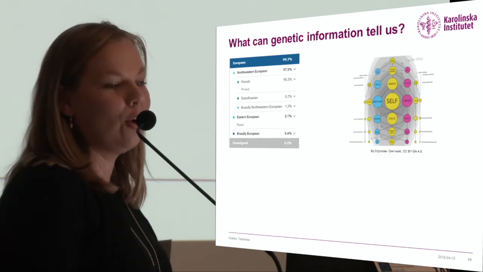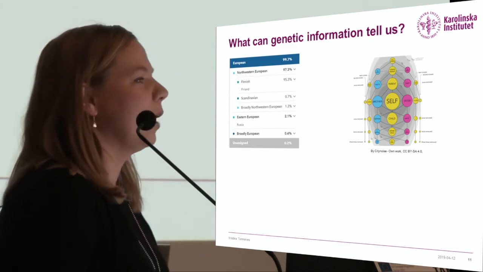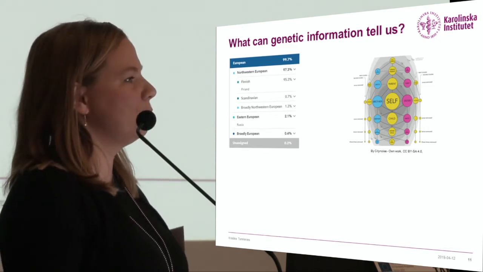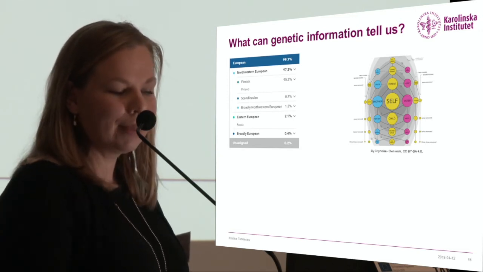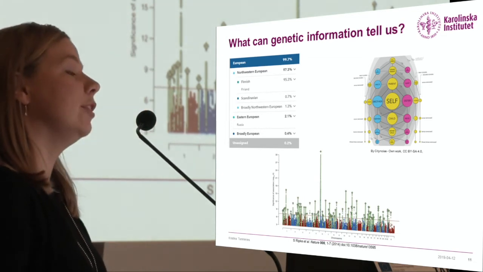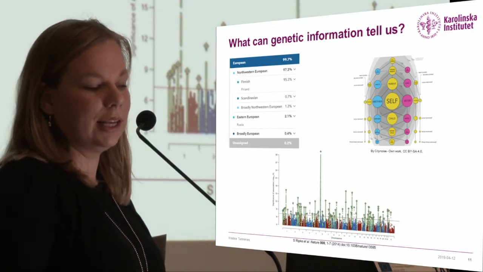It can also tell about your family relationships, and that can be surprising for some people, if you look at the 23andMe videos where they find their siblings and all these things. And of course, what we are interested in, it can give us information about disorder association, or disease susceptibility loci.